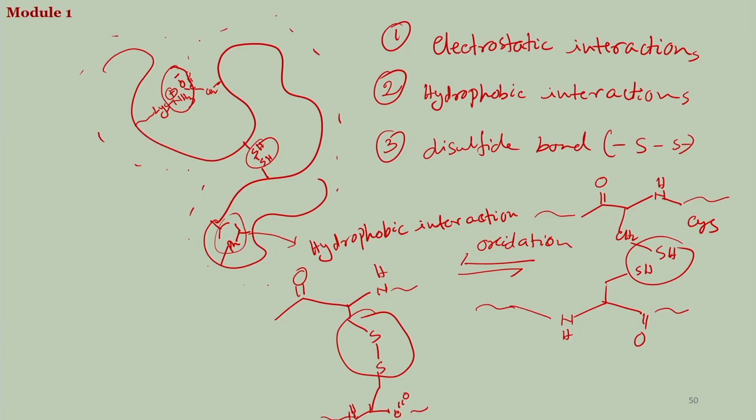So, I will give you an example of how the disulfide bond is formed in protein. A very well studied protein is bovine insulin. You know, insulin is a medicine that is used to treat diabetic patients, right? It is basically a hormone.